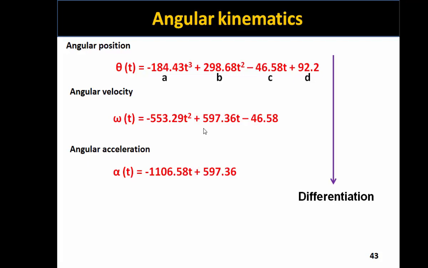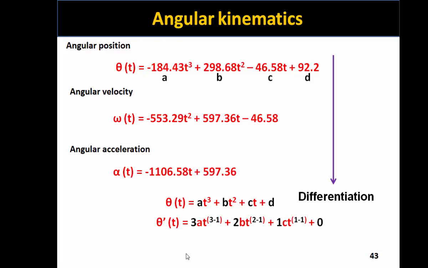Now, to move from position to velocity to acceleration, we started with the first polynomial, a third order polynomial function we defined a little bit earlier, where A, B, C, and D are the coefficients, and theta prime is the angular velocity derived from theta.